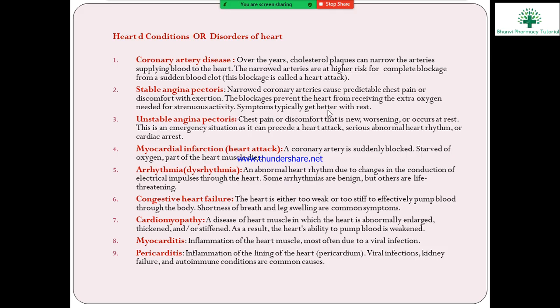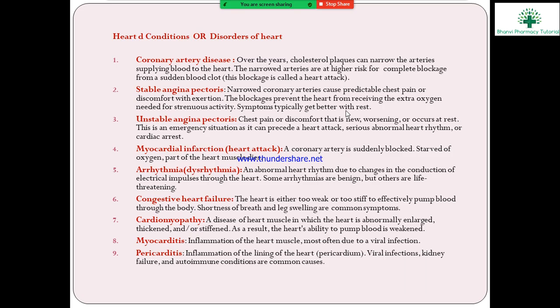Symptoms typically get better with rest. In stable angina, insufficient oxygen supply to the heart causes discomfort and chest pain. That condition is stable angina pectoris.